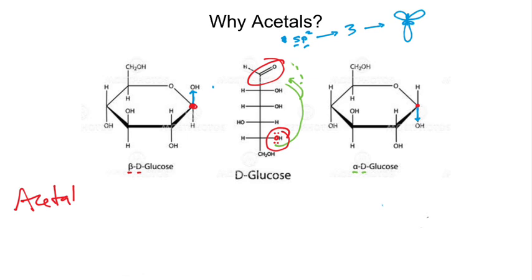And depending on which direction that oxygen is aimed, that changes the alpha or beta statement. And so you as a biochemist, or a nutritionist, would have to know which one you're looking at, because one form is biologically useful and the other form is biologically useless for us. That's a pretty neat difference.